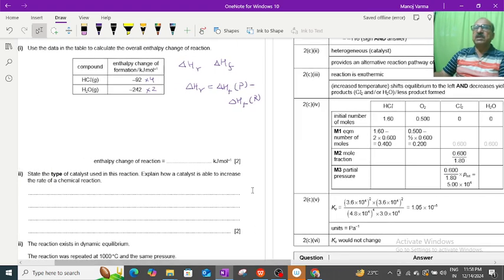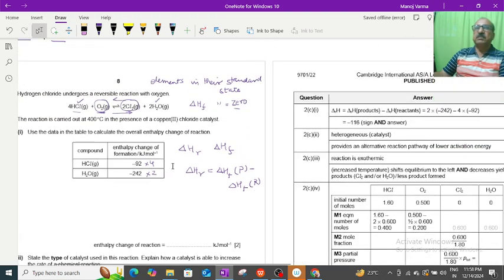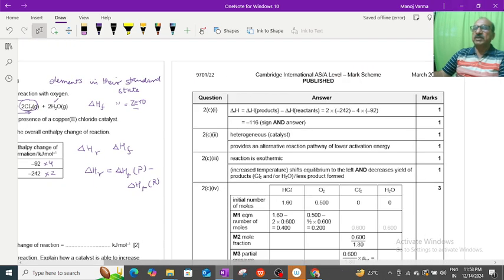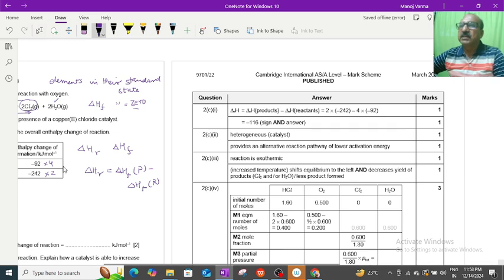So please see the coefficients and it will help you. It is 4 and 2 and 2. So let me write that, 4, 2 and 2. I think that will help you to understand this question. So I will write here that this is 4 and this is 2 and this is 2, and this is the reaction, this is the equilibrium.